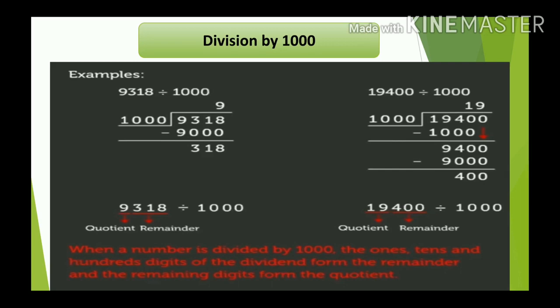Here also you can see the last three digits are the remainder, which is 400, and the first two digits become the quotient, which is 19. So when a number is divided by 1000, the ones, tens and hundreds digits of the dividend form the remainder and the remaining digits form the quotient.